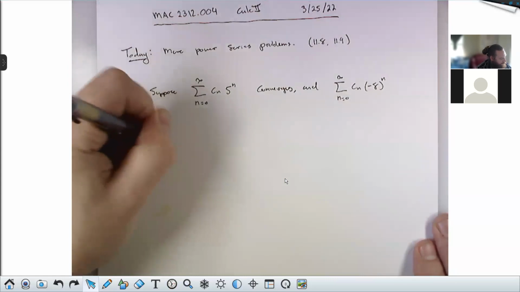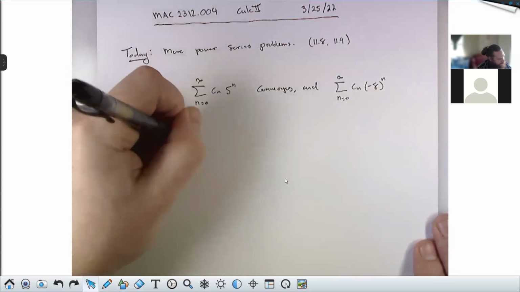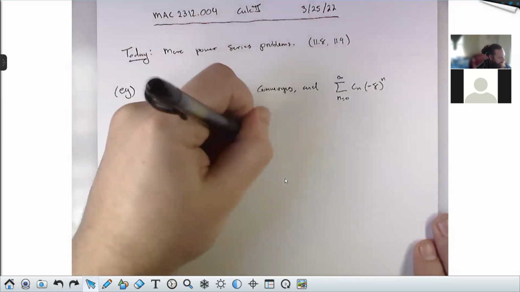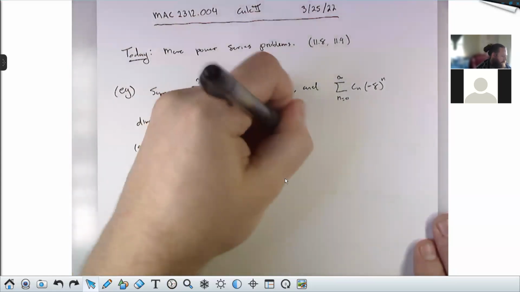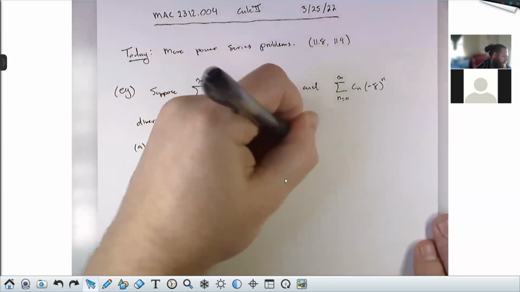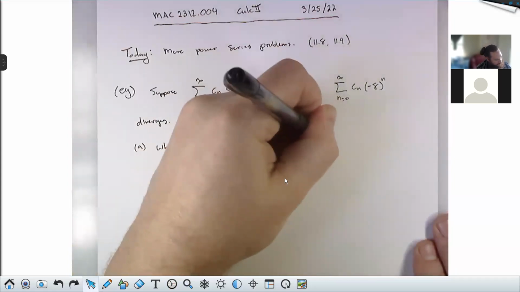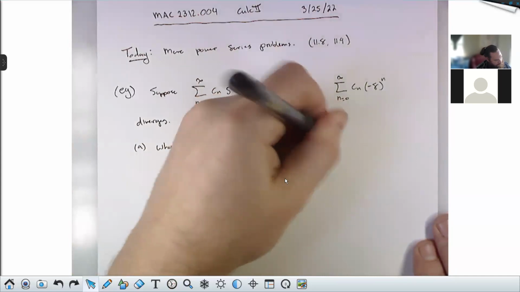What can we say about the sum from n equals 0 to infinity of Cn times negative 3 to the n?